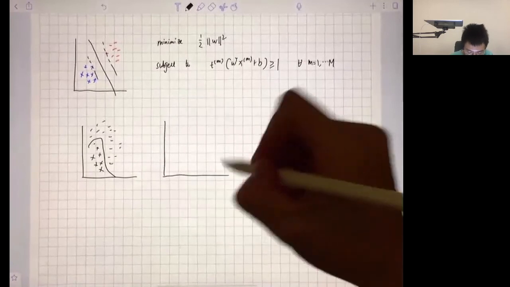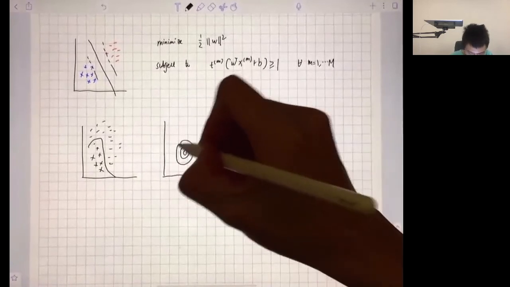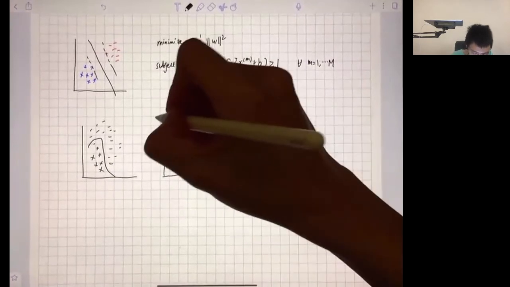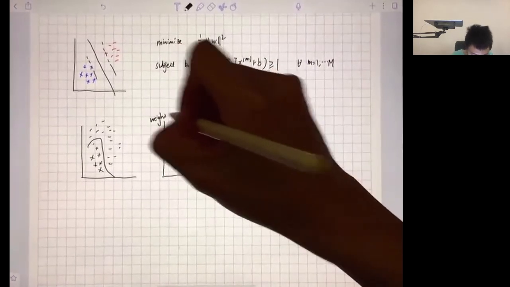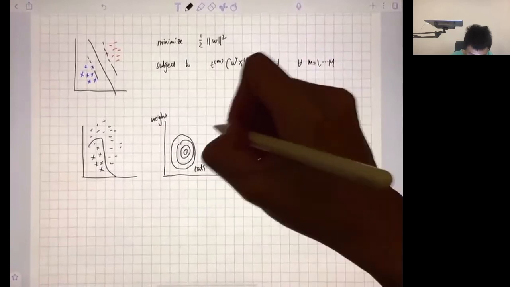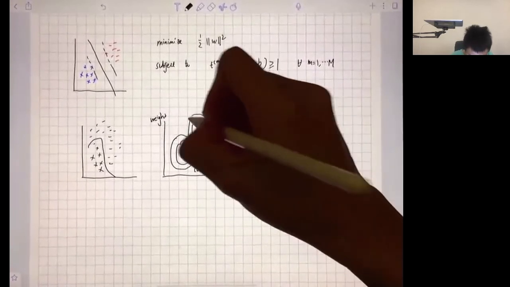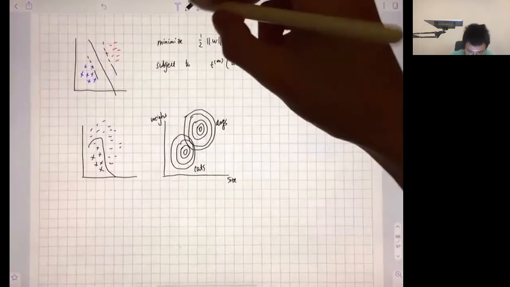In Gaussian discriminant analysis, maybe we have the size and weight of cats and dogs. If they have the same variance, or the same covariance matrix, the decision boundary is linear.